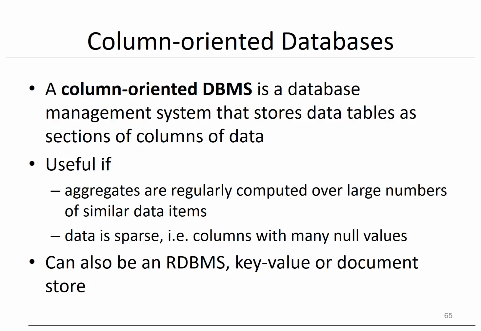Note that being column-oriented rather than row-oriented is a decision that stands quite orthogonal to the type of data being stored. This means that relational databases can be both row and column-oriented, and so can key value or document stores.